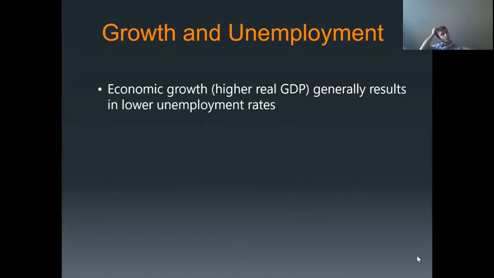Now, the way we tie growth to unemployment, generally speaking, if you have a higher rate of economic growth, higher real GDP, that usually results in lower unemployment rates. Usually. Now, we're going to talk about that sort of analysis a bit later, but generally speaking, if you have higher real GDP, you have a lower unemployment rate, and vice versa.